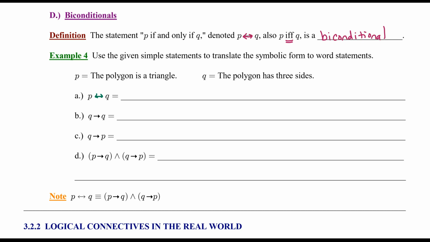So I'm going to begin with the statement P. The polygon is a triangle. In the middle between the 2 simple statements, we'll insert the phrase if and only if, which you could also abbreviate as IFF, and we'll finish with the statement Q. The polygon has 3 sides.